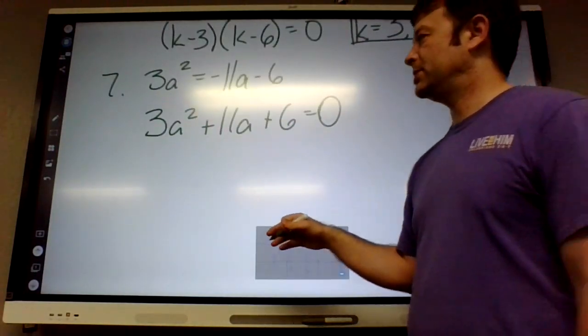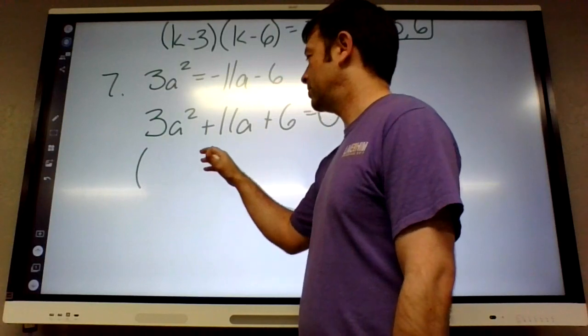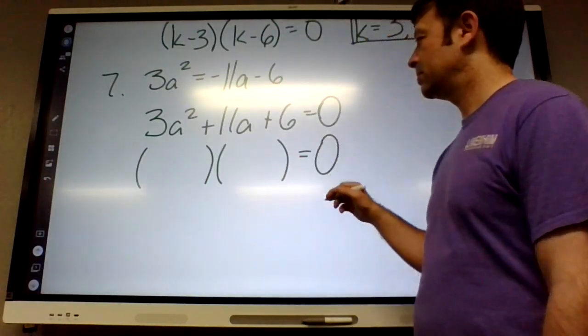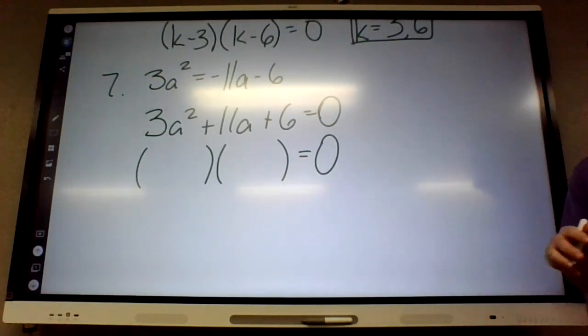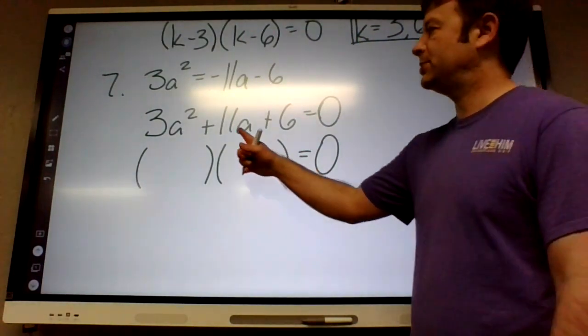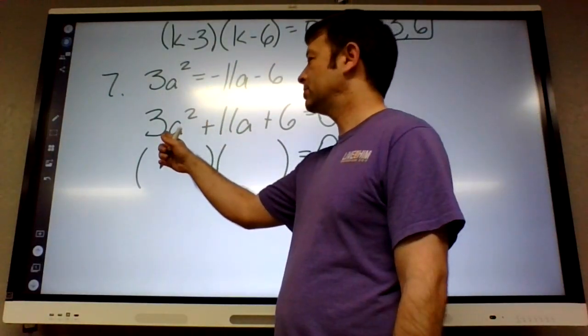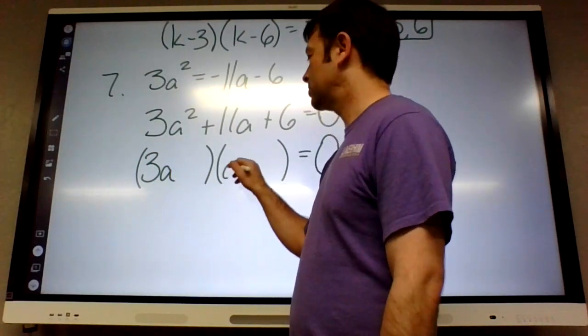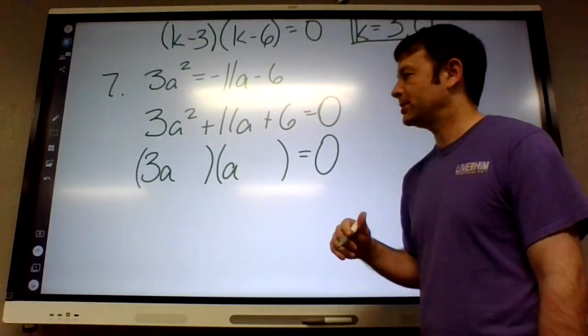Alright, this is the harder version of factoring, because what changed? There's a coefficient on the front that's not 1. So, what goes into 3a squared? 3a times a.